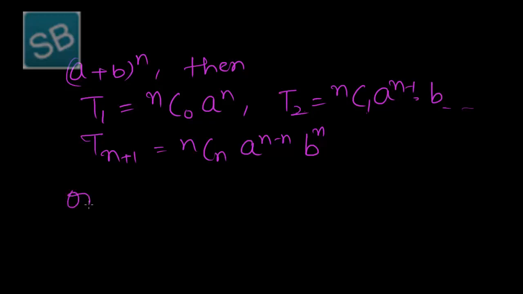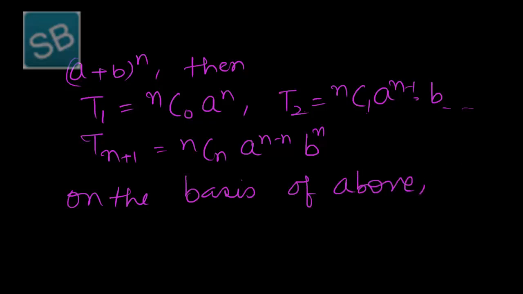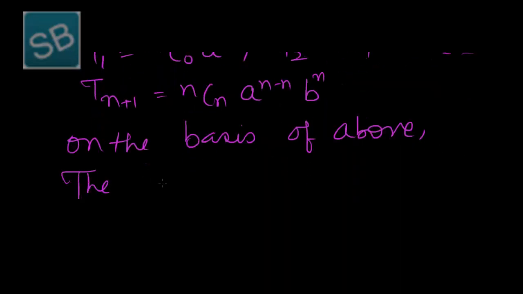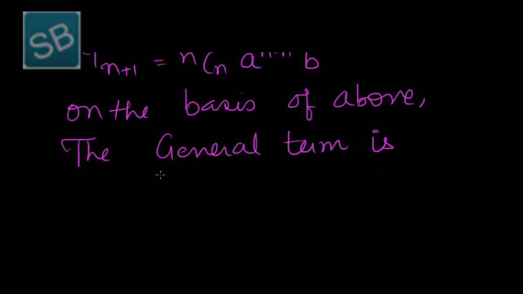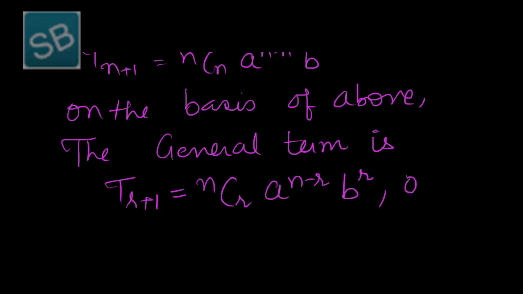So on the basis of the above, the general term is T(r+1) is equal to nCr a^(n-r) b^r, and r is varying from 0 to n. So this is our general term.